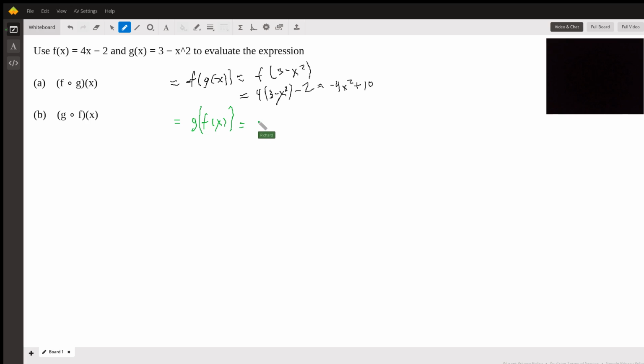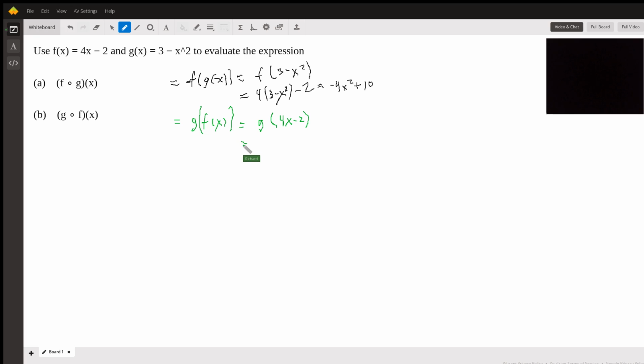I'm going to carry the outer function, which is g here, and replace f of x with what it is, 4x minus 2. That's an easy step. It's just replacing f of x with what f of x is.